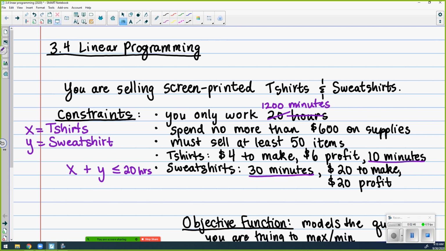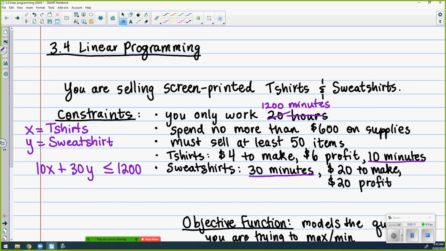That means we're also going to adjust our constraint. So that was a good start, but now let's think about this in terms of minutes. We have only 1,200 minutes to work, so less than or equal to 1,200 minutes. Remember that each t-shirt is 10 minutes and each sweatshirt is 30 minutes. So there's an inequality that describes our time constraint.